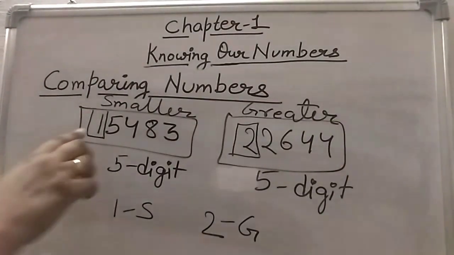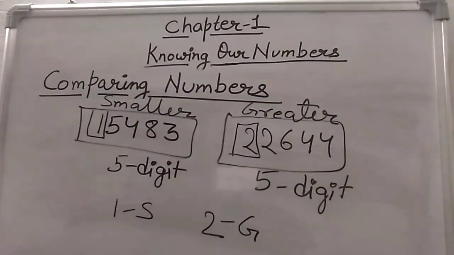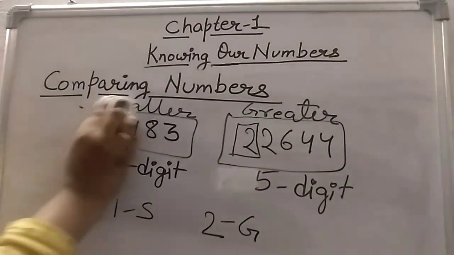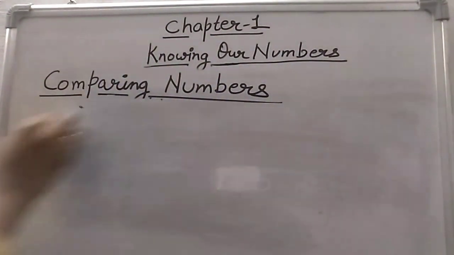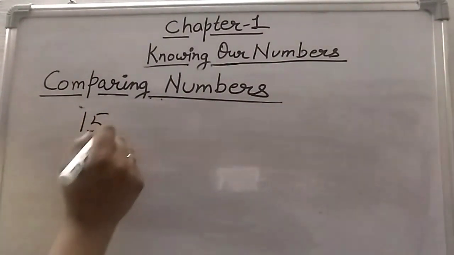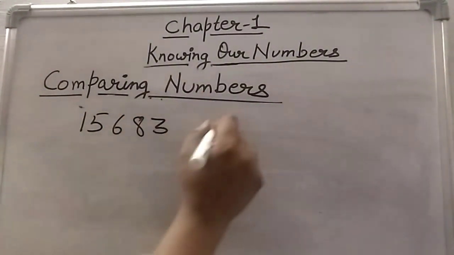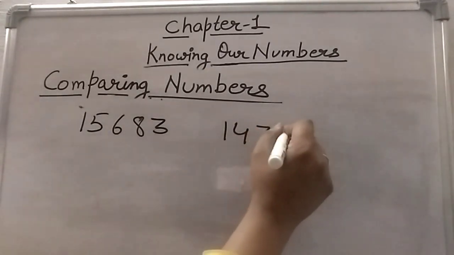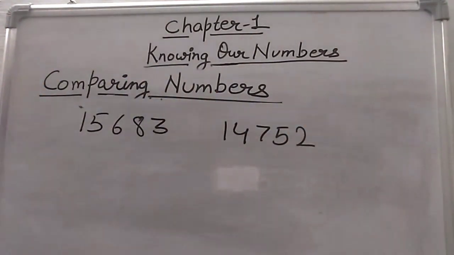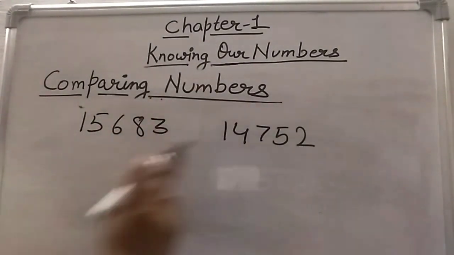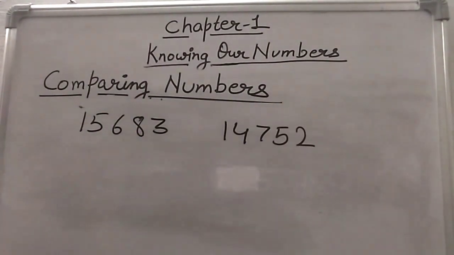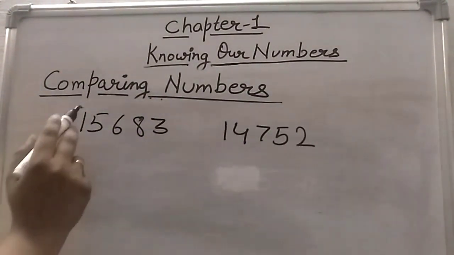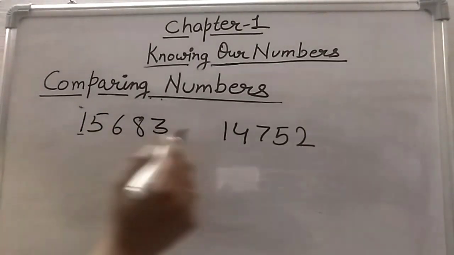In the same way, if both the digits were the same, then what will we do? Let's see. If both the numbers are like this, both are 5-digit numbers. By our first step, we cannot tell which is greater and which is smaller. So in the second step, we check the leftmost digit.